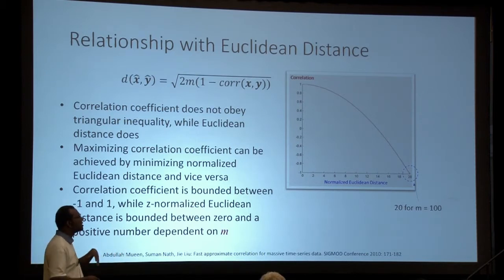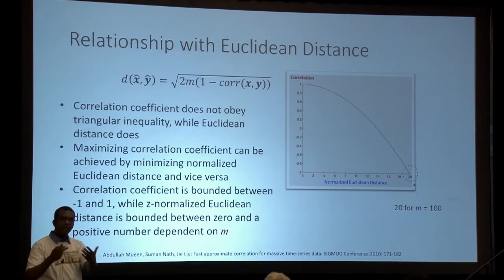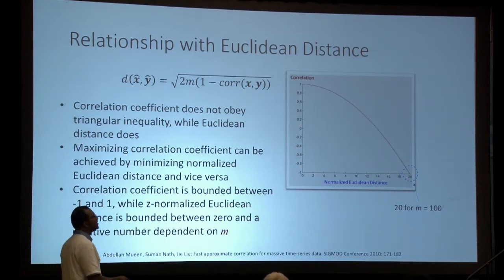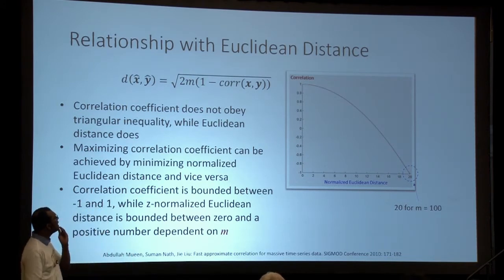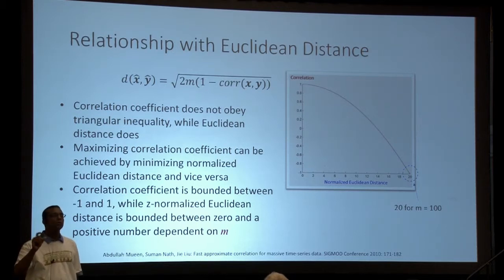In this case, it is 100, and for 100, the maximum Euclidean distance in the normalized space you can have is 20, and that's fixed. It cannot go higher. And this relationship is expressed in this formula: the Euclidean distance between two normalized sequences is equal to the square root of 2m(1 minus the correlation of those two sequences). Known fact.